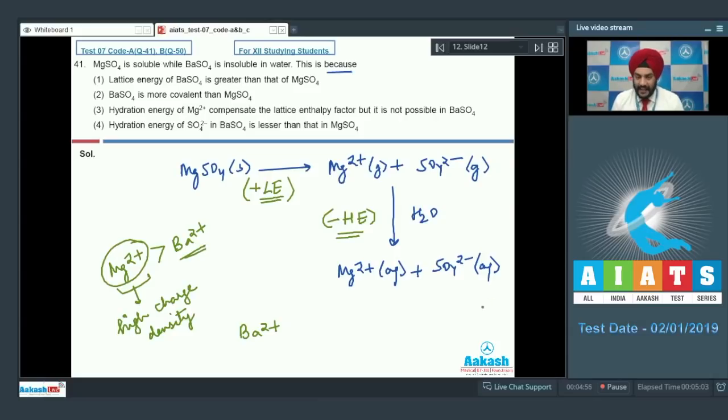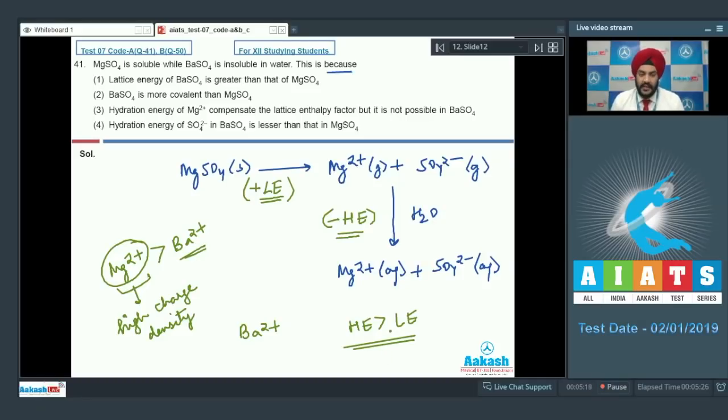Now if we compare the lattice energy factor, the lattice energy of MgSO4 will also be greater than that of BaSO4 because of the small size of Mg2+ ions. But it is a fact that the hydration enthalpy is greater than the lattice enthalpy, which accounts for the greater solubility of MgSO4 as compared to BaSO4.